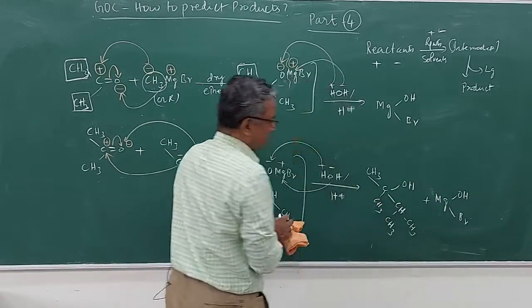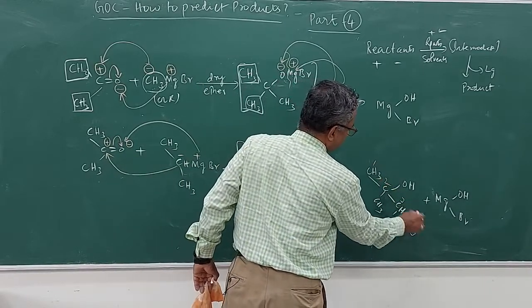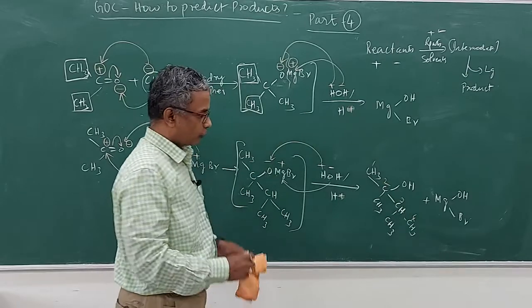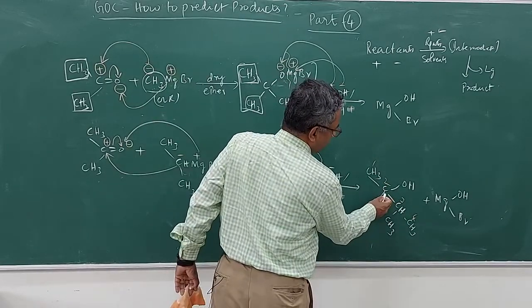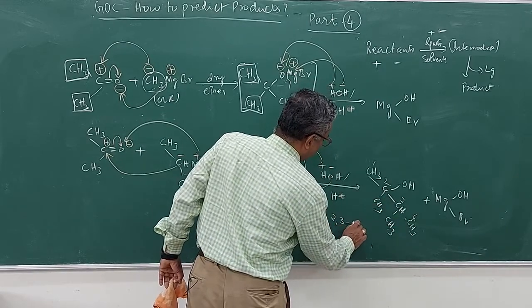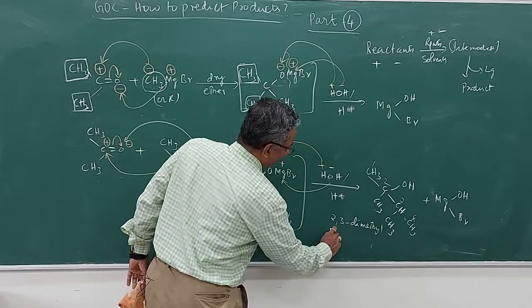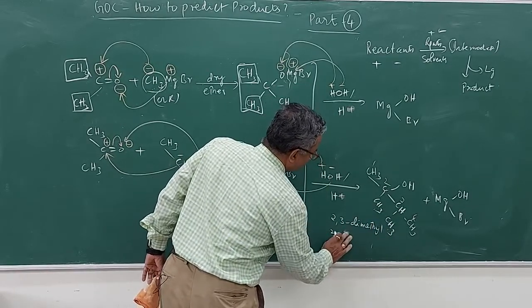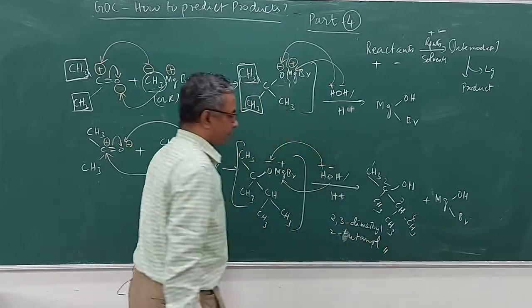Now you can see that this compound will be 1, 2, 3, 4. So you have 4 carbons as the longest chain. At the 2 position you have a methyl group, and at the 3 position you have a methyl. So 2,3-dimethyl-2-butanol will be the product.